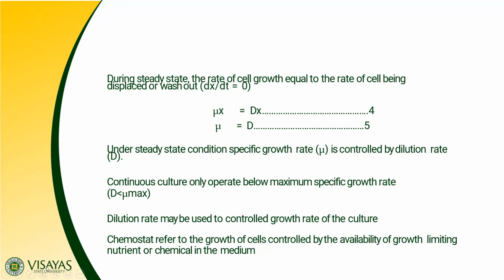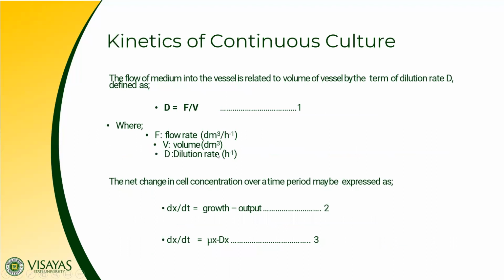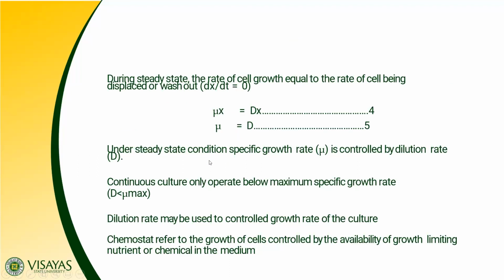These are rates. Then the volume is, yeah. So that's how the continuous culture is explained.